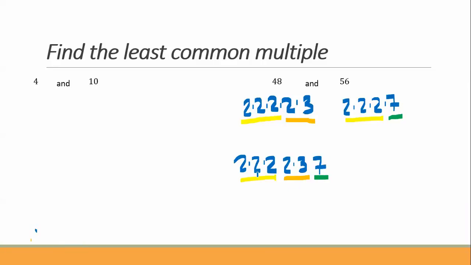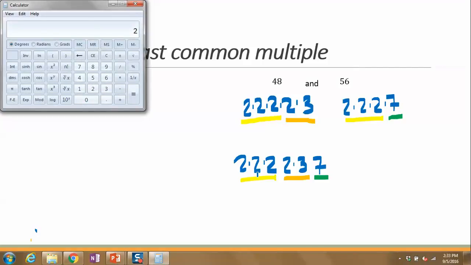Now if we multiply that all out, we get 2 times 2 times 2 times 2 times 3 times 7.